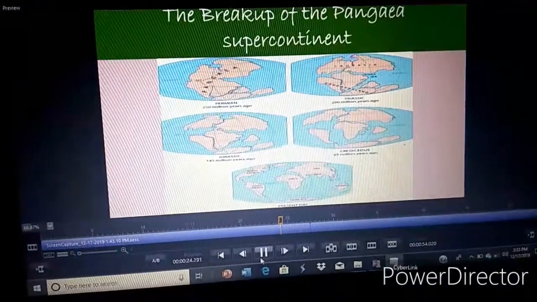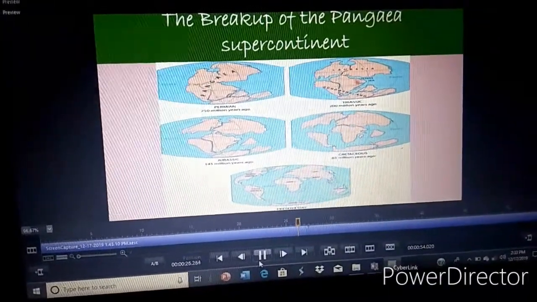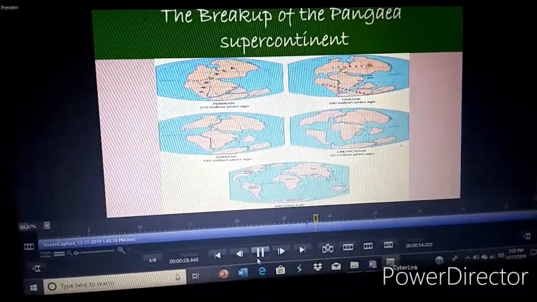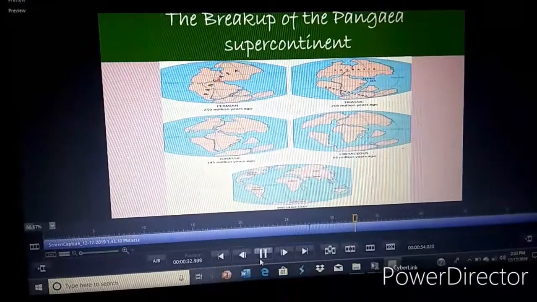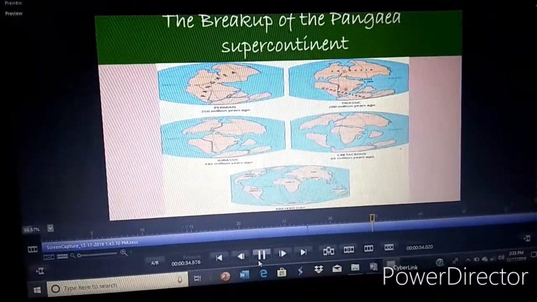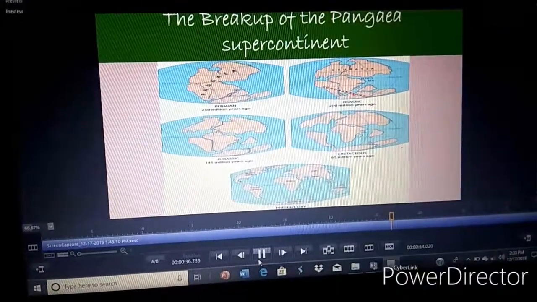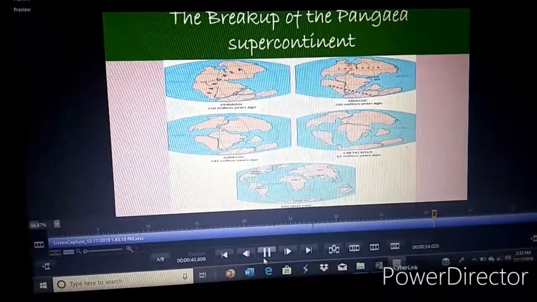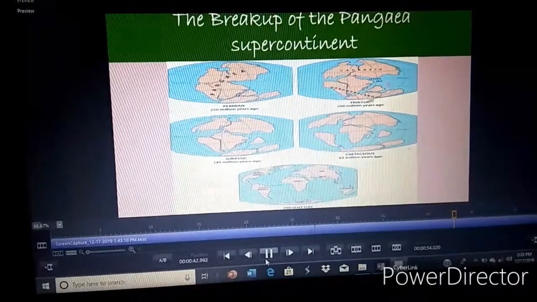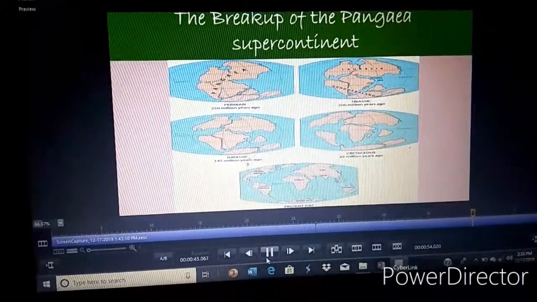But around 200 million years ago, 2 great land masses were formed, Laurasia and Gondwanaland. Pangaea separated, with Gondwanaland found in the southern hemisphere and Laurasia in the northern hemisphere, and then they spread until they reached their present positions.